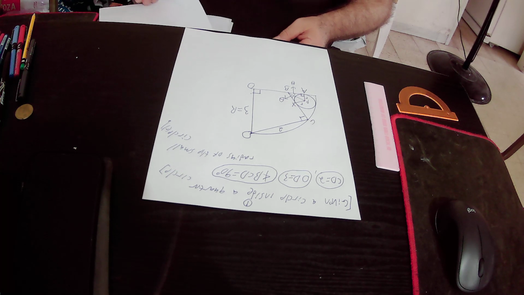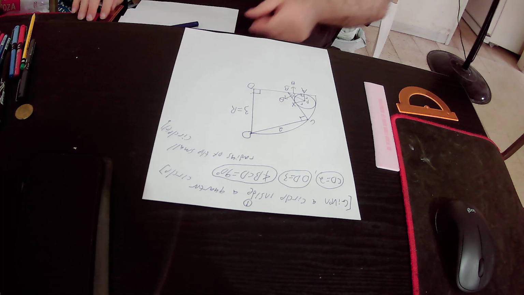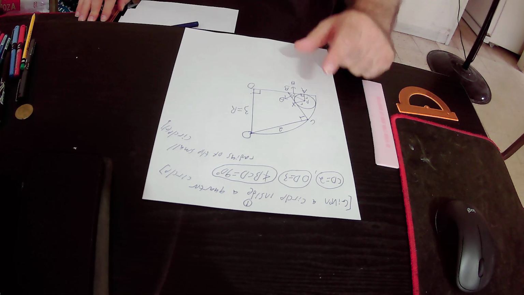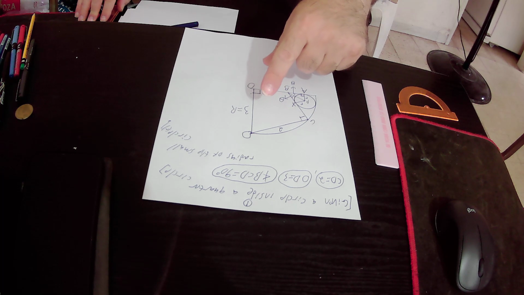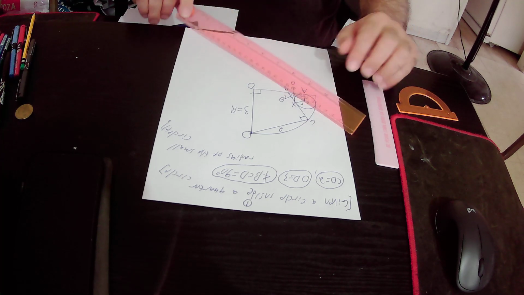So in the next step, we will extend line segment CB and the radius DO until they intersect with each other.